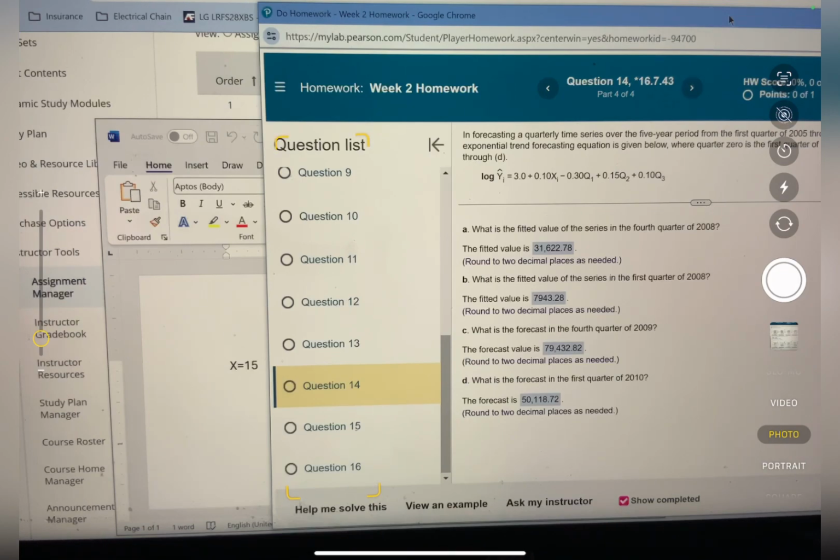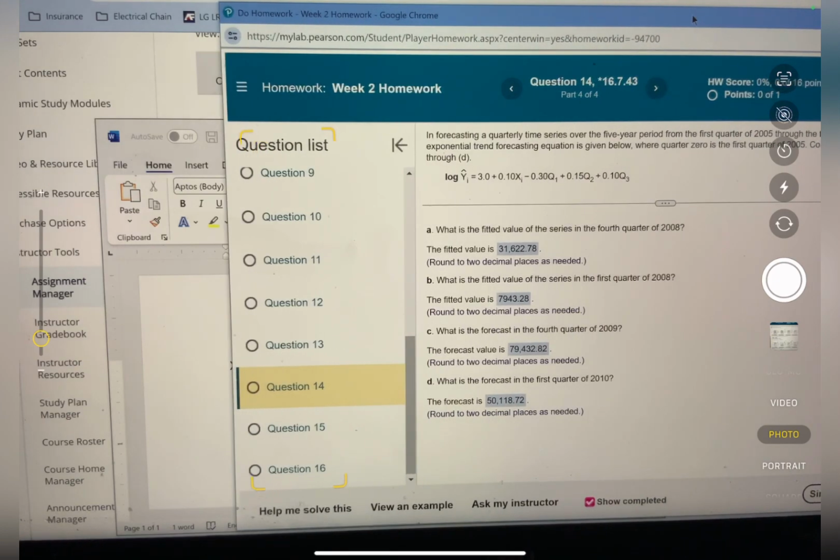If it asks for quarter 1, Q1, then you put 1. If it's not asking for quarter 1, it's going to be 0. Same thing regarding quarter 2 and quarter 3. Since in our case it's asking for the fourth quarter, all these 3 quarters are going to be 0, which means negative 0.3 times 0 will be 0, 0.15 times 0, and 0.1 times 0. All we're going to have is 3.0.